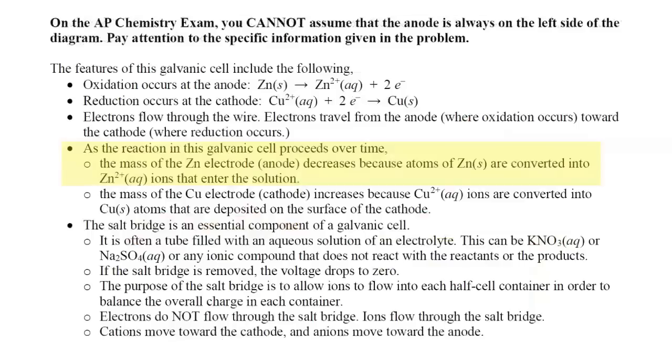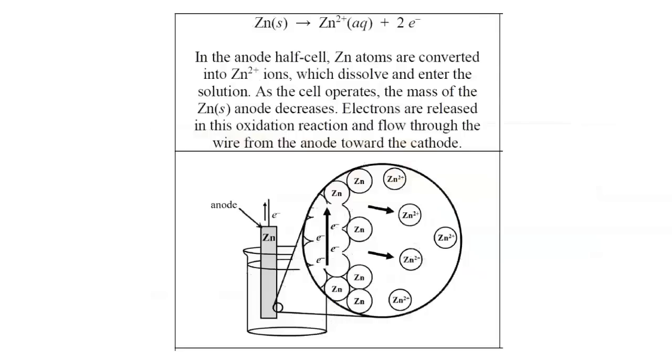As the reaction in this galvanic cell proceeds over time, the mass of the zinc electrode, the anode, decreases because atoms of solid zinc are converted into aqueous zinc 2+ ions that enter the solution. So in this particle diagram, you can see a close-up view of what's happening at the anode.